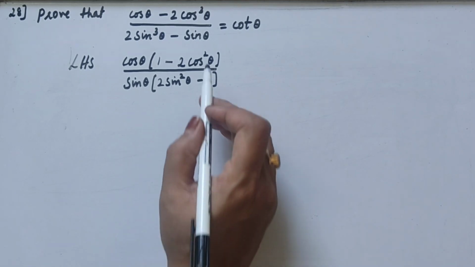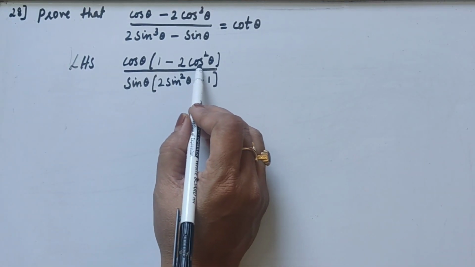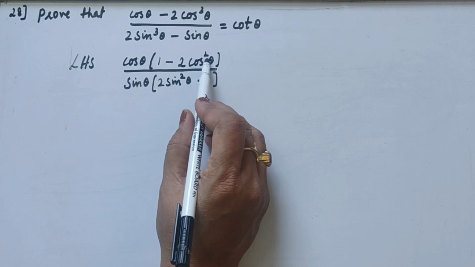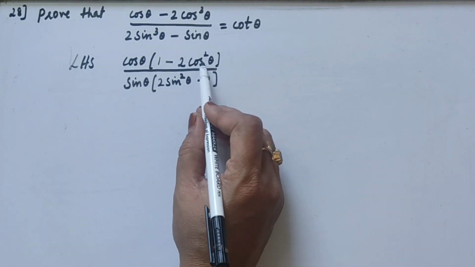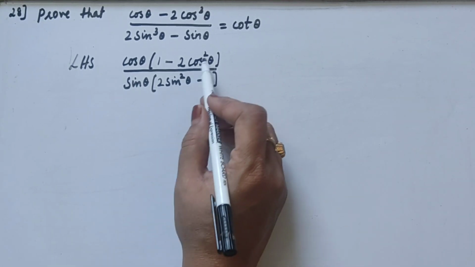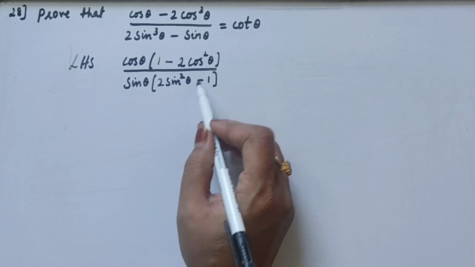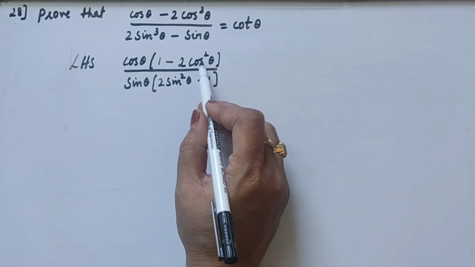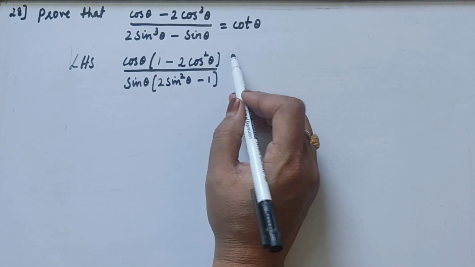So take the numerator. Okay, we have got the identity, that is sin square theta plus cos square theta equals 1. You can either use the identity here or here, so you cannot disturb both numerator and denominator. Understood, students? If you want, you can substitute the identity here or here. I'll go with the numerator.